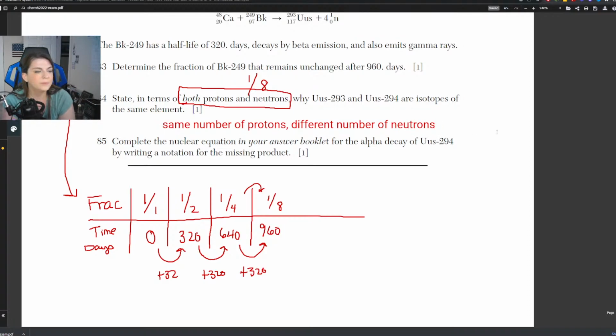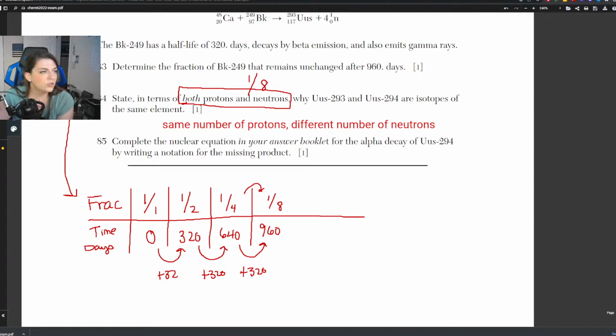Don't overdo it. Okay, finally, the last question. Hip, hip, hooray. Complete the nuclear equation in your answer booklet for the alpha decay of UUS-294 by writing a notation for the missing product.